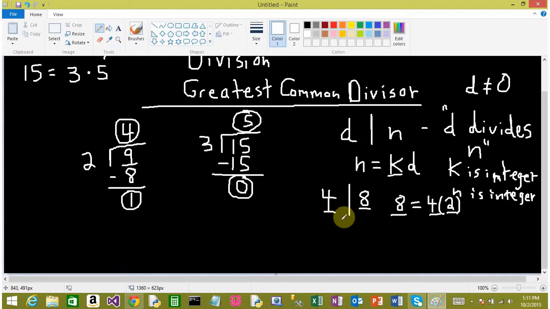Now on the other hand, does 5 divide 7? Well, no. So we're going to put a slash through that bar to say that 5 does not divide 7.